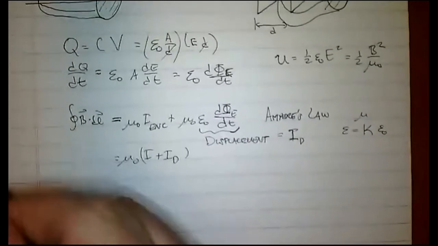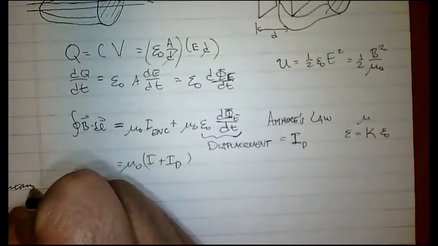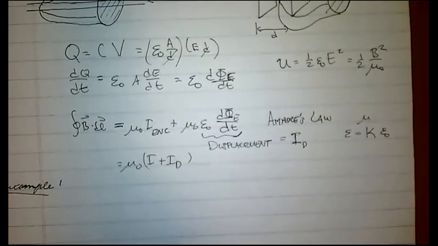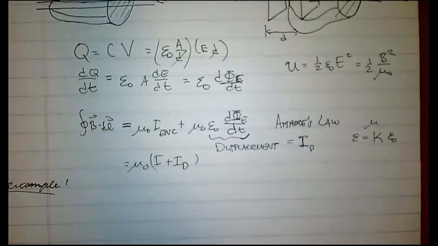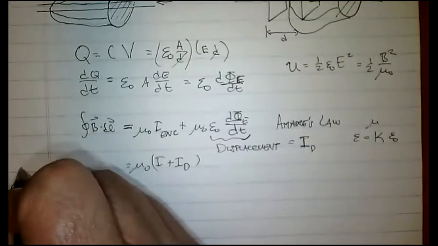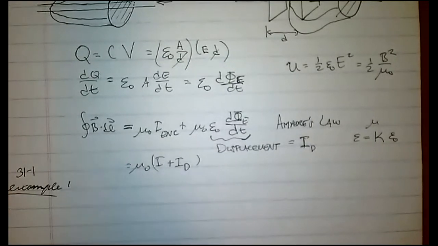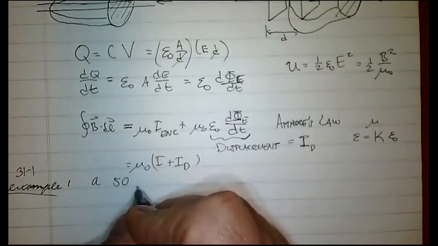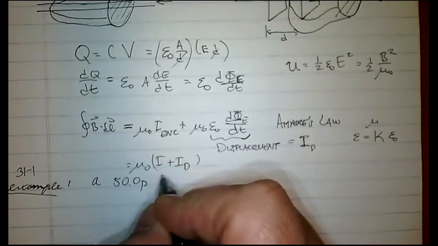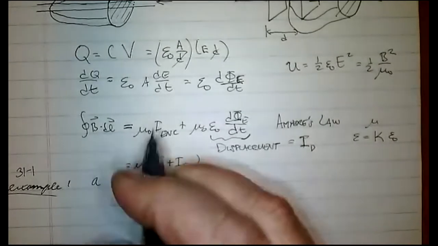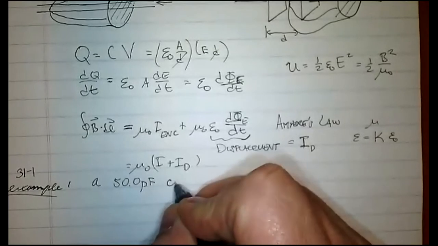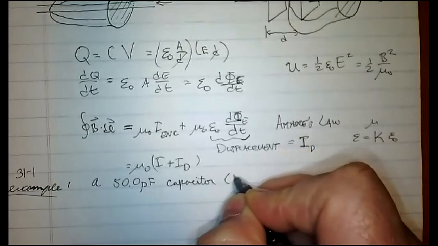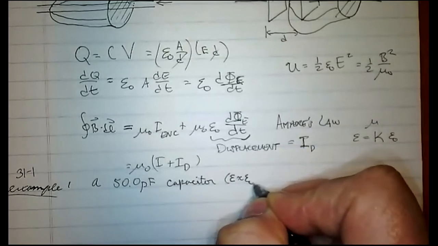So let's look at an example of this. This example is more or less like example 31-1 in your textbook. Basically, we're going to say we have a 50.0 picofarad air gap capacitor. Air gap just means epsilon is essentially equal to epsilon zero.